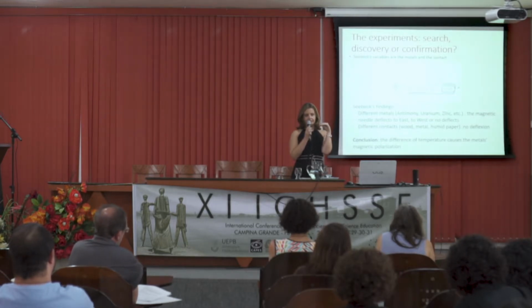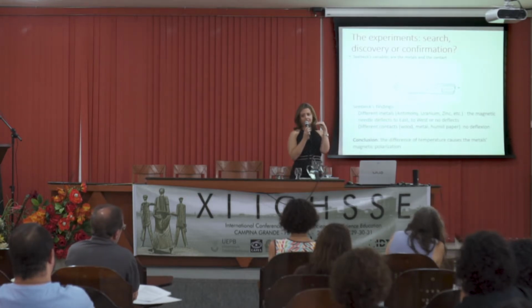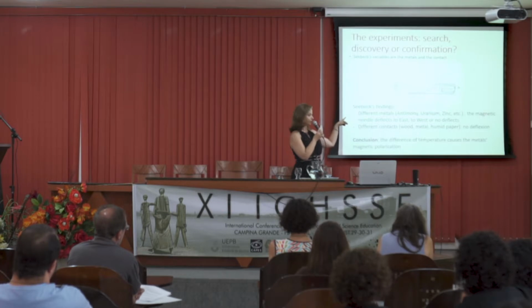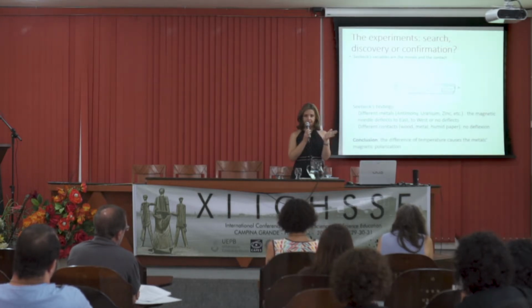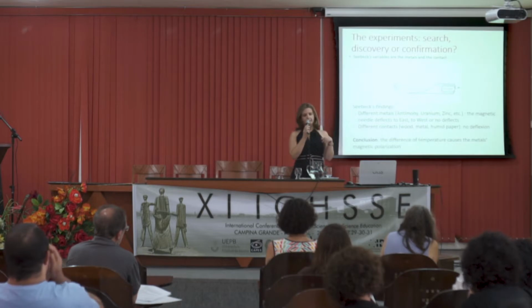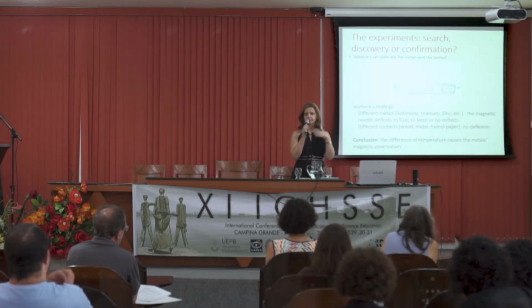And okay, if this is like a battery, if I put zinc, it deflects also. But when he tried to do this using a disc of zinc, there is no deflection of the compass. So it's not working as a battery. And then, oh okay, but maybe the problem is my hand.